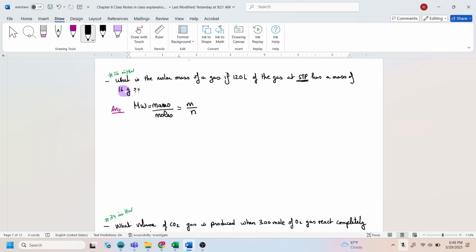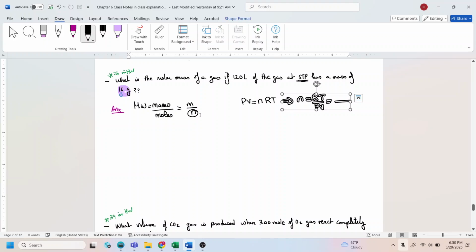So we can simply calculate n from PV equals nRT. So n is equal to PV divided by RT. We can get n, okay? And remember that T is 0 degrees Celsius, so it's 273 Kelvin, and the pressure is 1 atmosphere. So once we get n, we can simply put it in the equation here, and we know the mass is 16, we can get the molecular weight. Guys, this is one way.